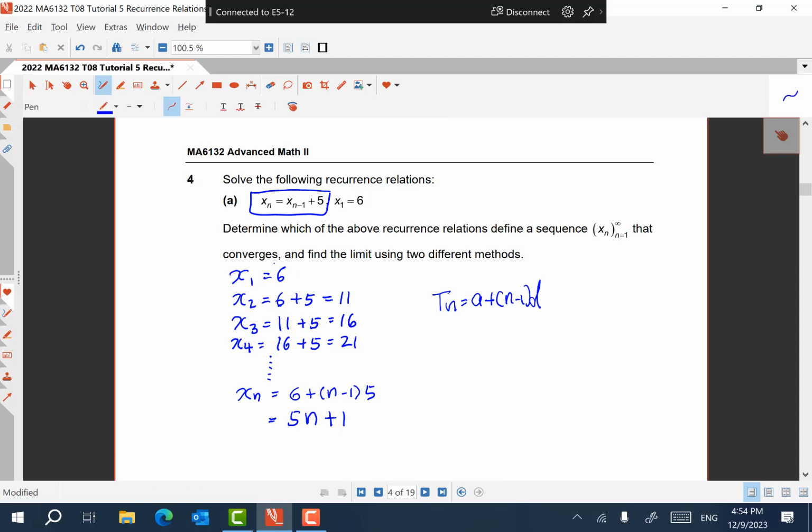what is the meaning of converges? Or what does it mean to say that the sequence converges? To say the sequence converges means as n goes to infinity, the xn must go to a finite number. If this happens, we say the sequence converges to that finite number, right?